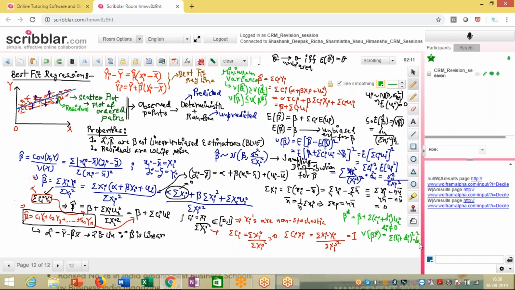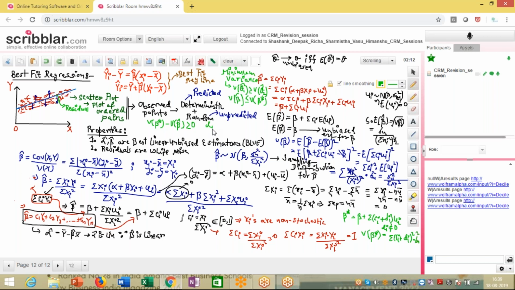Now, if I subtract the variance of beta hat from the variance of beta star, that will be greater than or equal to 0, right?